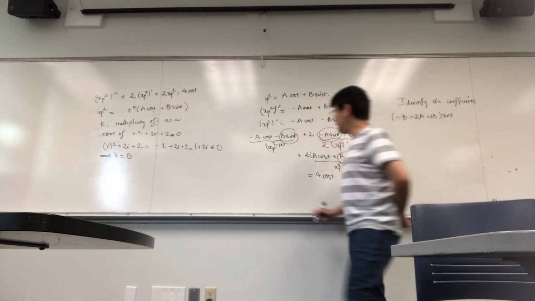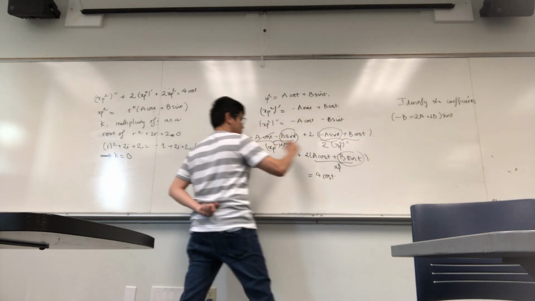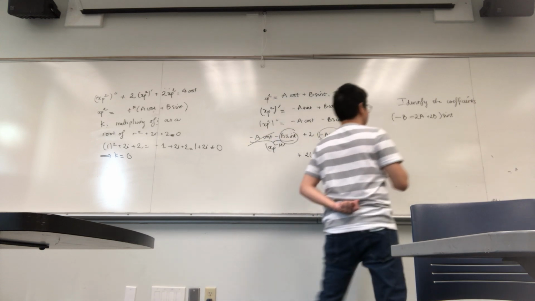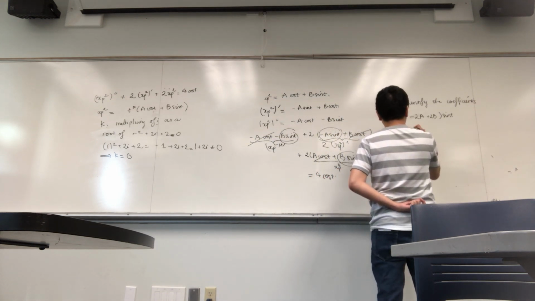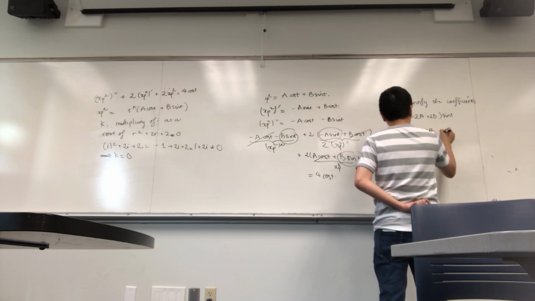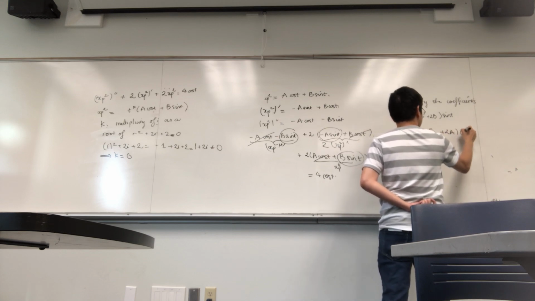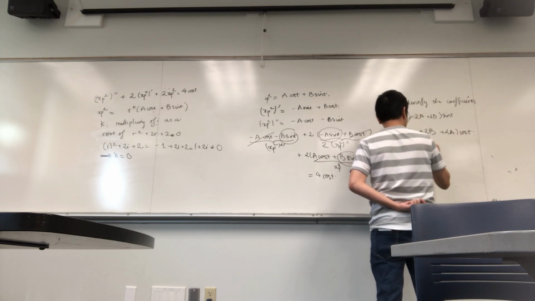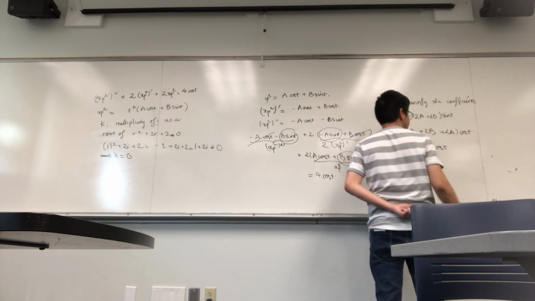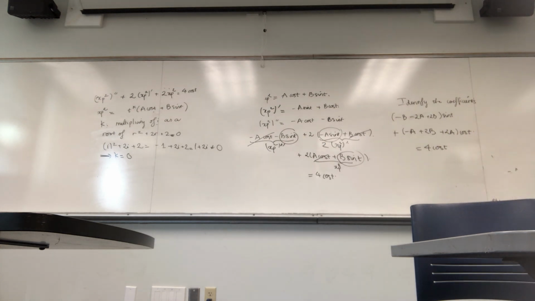And now I group all of the coefficient of cosinus. So this is cosinus, this is cosinus: minus a plus 2b plus 2a cosinus of t, and this is equal to 4 times cosinus of t.